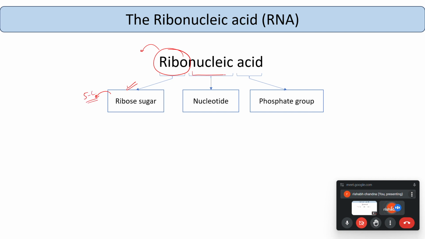Then, nucleic comes from the word nucleotide, or a word that belongs to the nucleus, and then acid because it's acidic in nature due to the presence of phosphate group. Okay, so here comes the meaning of the word ribonucleic acid.